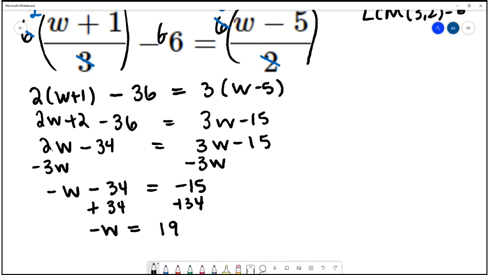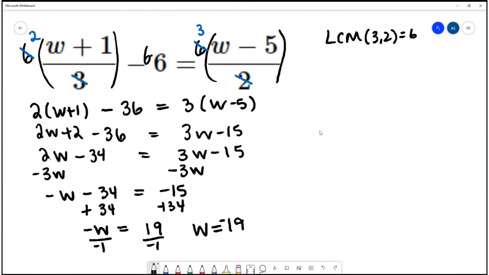Okay, so that gives a positive 19, and we'll divide by negative 1 so that we get our solution of w equals negative 19. So that's our solution to the equation, w equals negative 19.